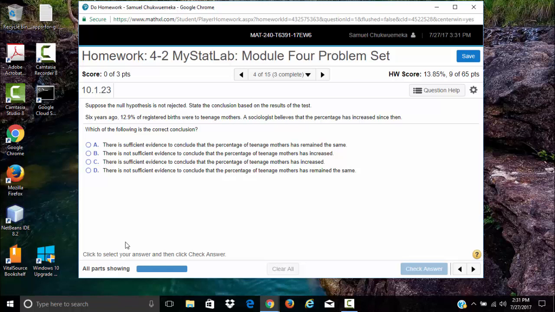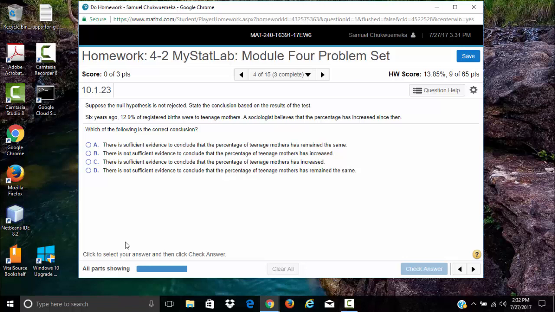When you make your decision whether to reject the null or fail to reject the null, what will be the conclusion? If you reject the null, then you will say that there is sufficient evidence to support the rejection of the null hypothesis. The decisions are either to reject the null hypothesis or fail to reject it.